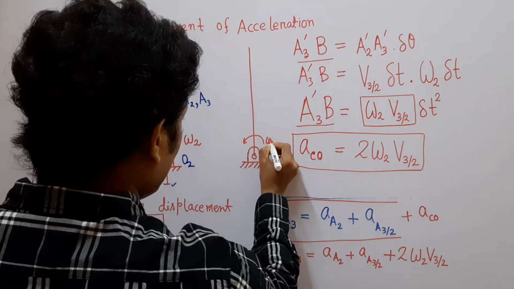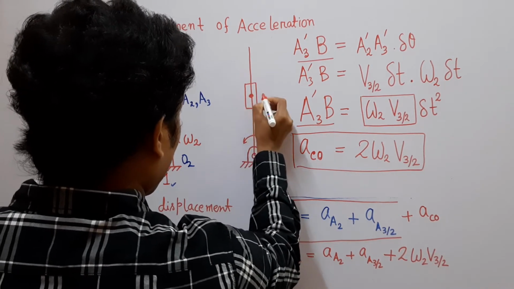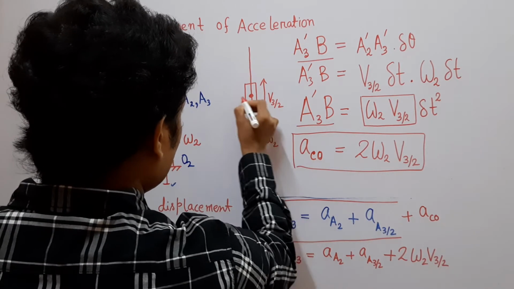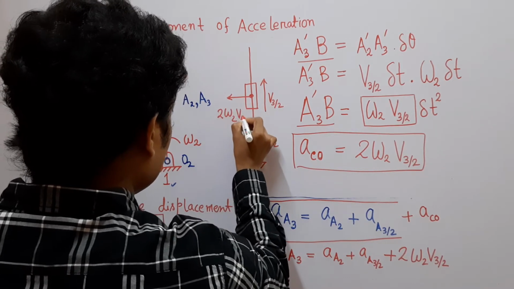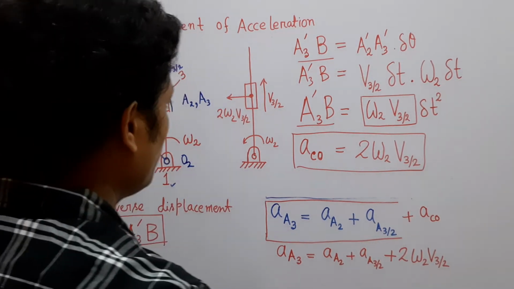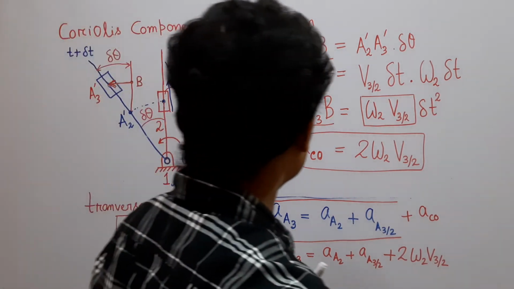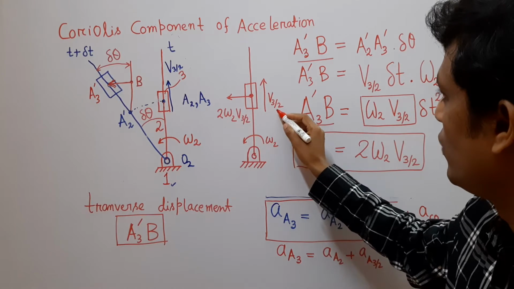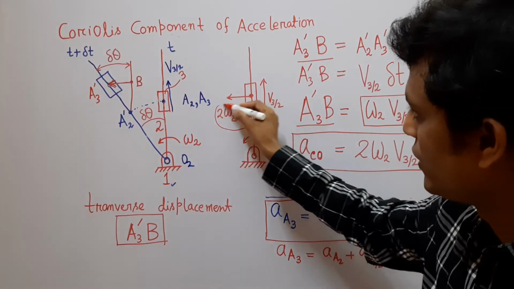Say this is omega 2, this is V3 by 2, and this is the direction 2 omega 2 V3 by 2. So this is the direction of Coriolis component of acceleration, because transverse displacement is along left hand side here. Now if the direction of omega 2 and V3 by 2 changes, the Coriolis component will also change.